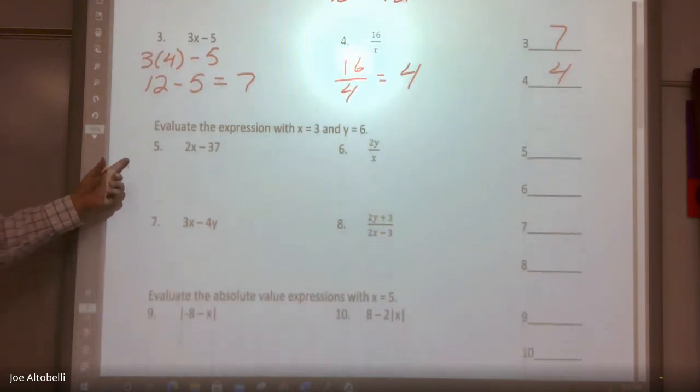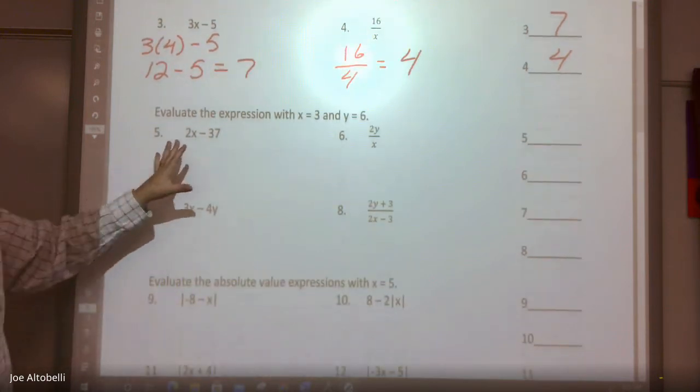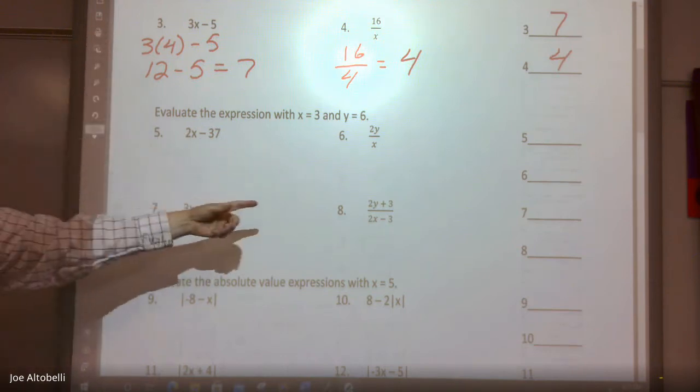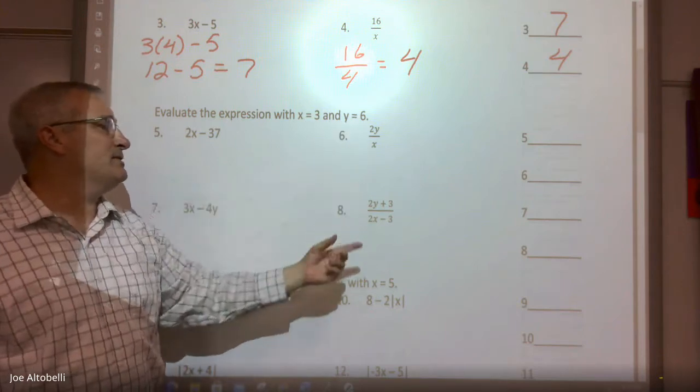All right, number 5, evaluate the expressions. This is a little bit more complex than those 4 problems. We have x is 3, y is 6.